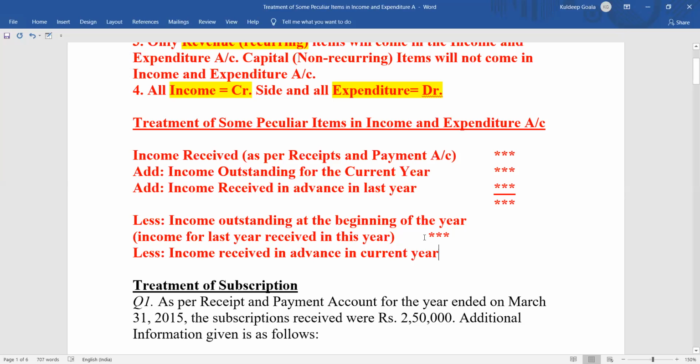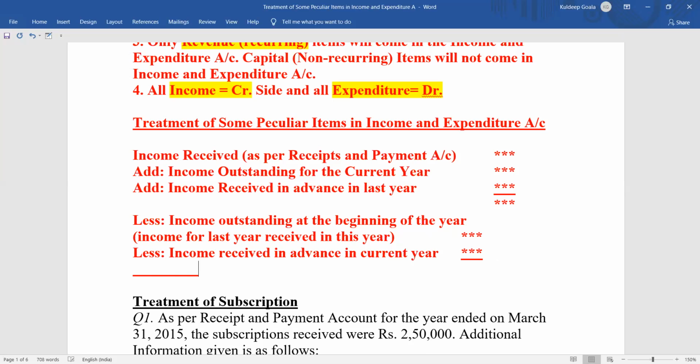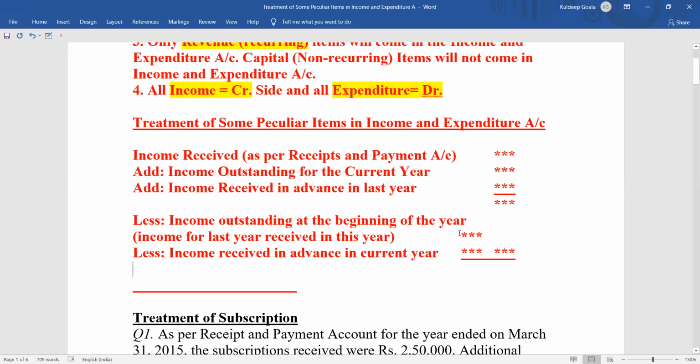Okay, income received in advance in current year. Then whatever the minus items will be there, it is better to keep them in brackets.